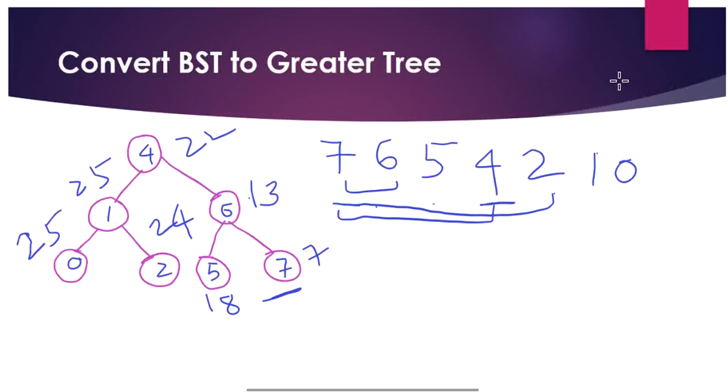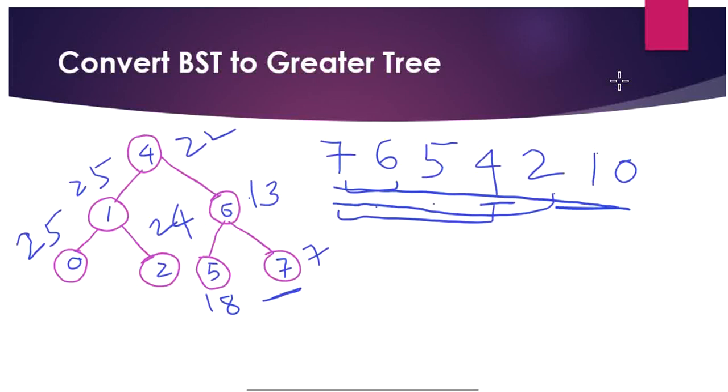So if you observe, it is like decreasing order, or we can say reverse in order traversal of a binary search tree. So how do the decreasing order and reverse in order traversal match? Because it is a binary search tree, the values less than the node will be on the left side of the node and values higher than the node will be on the right side of the node.